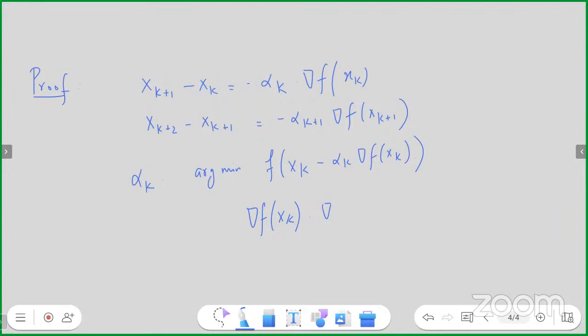So all I'm saying is alpha k is the arg min over alpha of this function. This implies something. What is that implication? The derivative of this with respect to alpha k is 0. That we know, but what do we get out of it? Once I take the derivative, what will I get? Xk, all of this, equal to 0. What will you deduce from this?